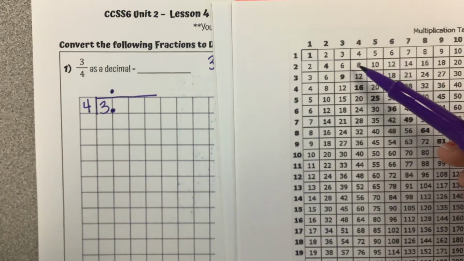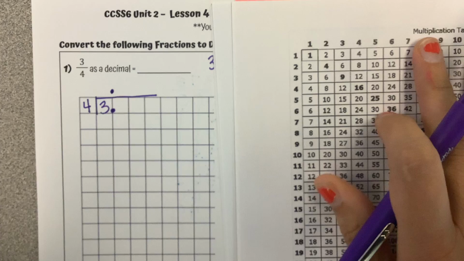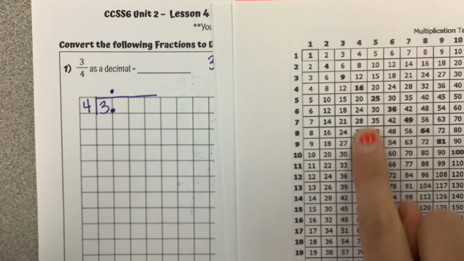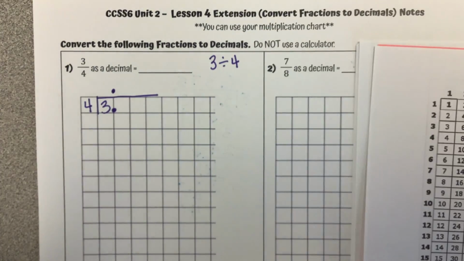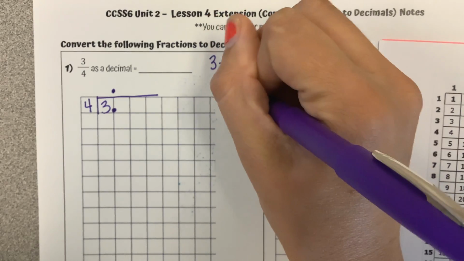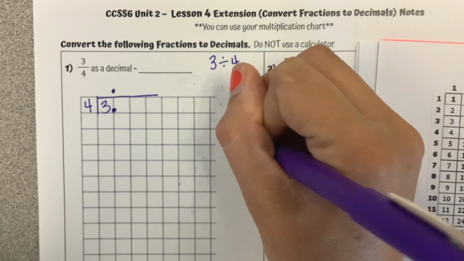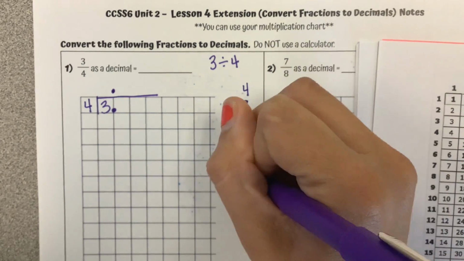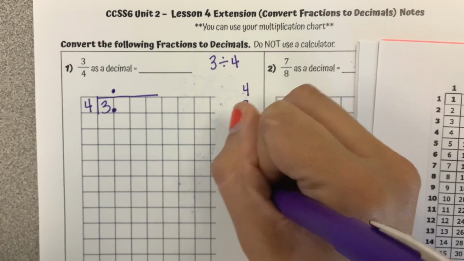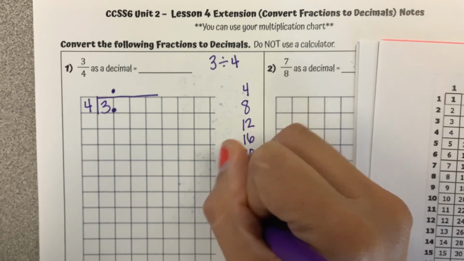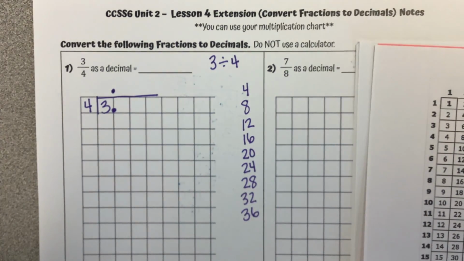Maybe you have those memorized, or maybe you can just look at the chart, but it might be easy to have these listed out. So I'm going to list out 4, 8, 12, 16, 20, 24, 28, 32, and 36.